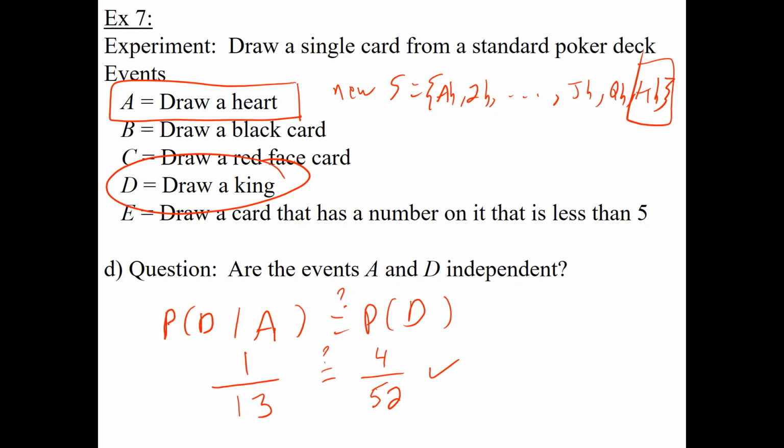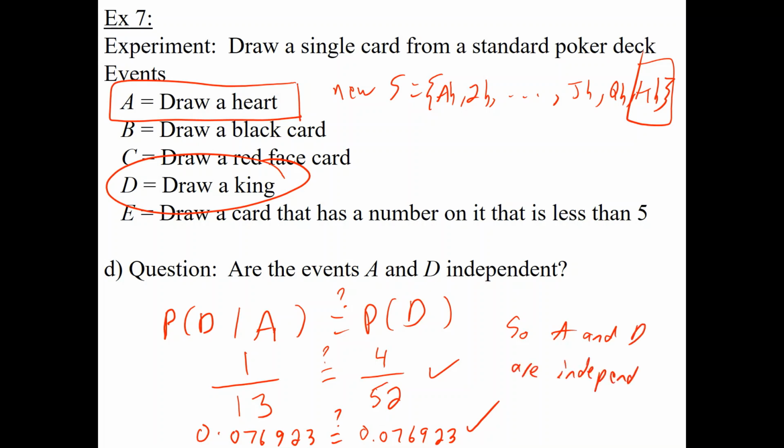So let's see, 1 divided by 13, and I'm getting 0.076923, anyway, more digits than that. And 4 divided by 52, of course, same thing, 0.076923. They are indeed equal. So what does that mean? So A and D are independent. Yeah, that's how that one goes.